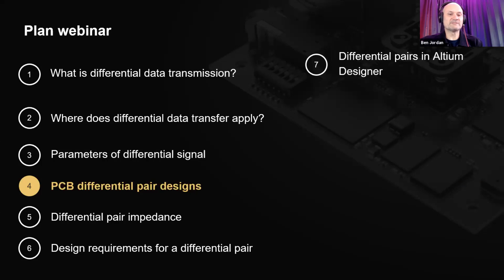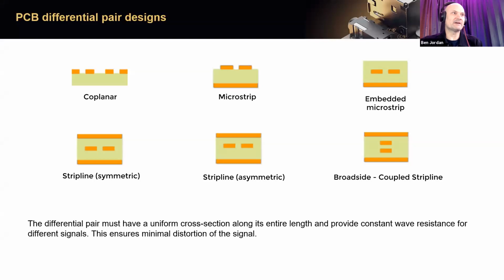What are the different types of differential pairs we might have in a PCB? We have coplanar differential pairs. So that's where you have maybe even a single-sided board with only copper on one side. And I've seen boards done this way for USB and for audio, for analog differential, and for other types of boards where you want some noise immunity because the board may be quite large and you're going over a long distance.